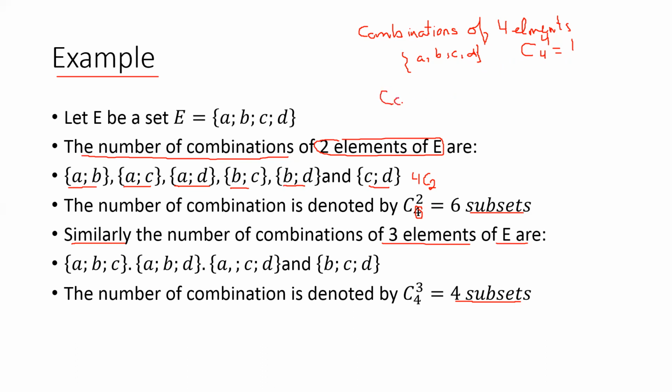Combinations of one element. C for 1. Yes. But can you list them? What are the combinations of one element? List them.